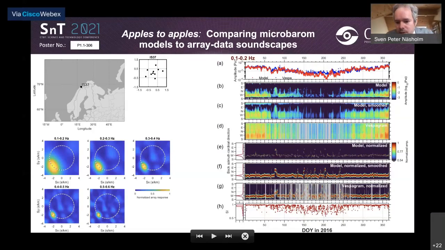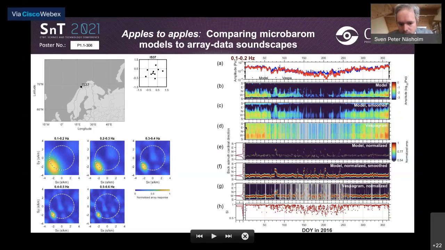Here we essentially see at the station the output of the model as a function of time and direction. But then we have to realize that the array has a certain resolution. Here you see different steered response estimates for different frequencies. So to compare apples to apples, we smooth out the model based on the array resolution.